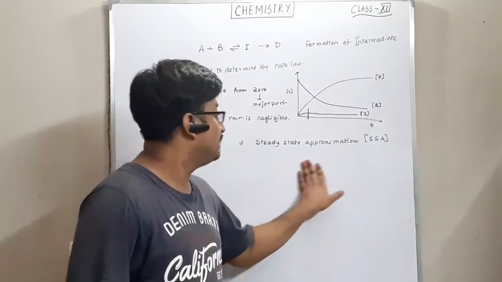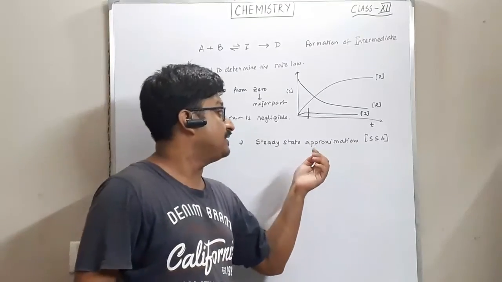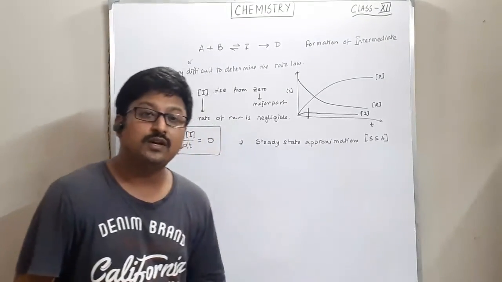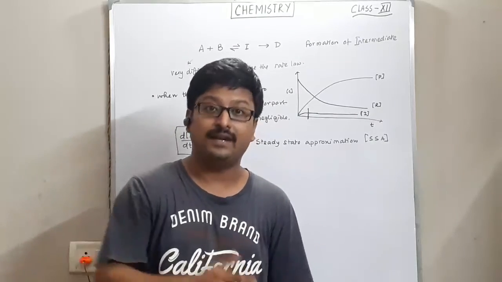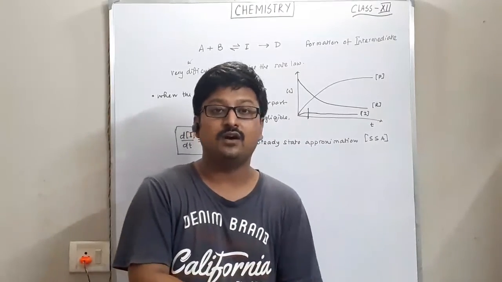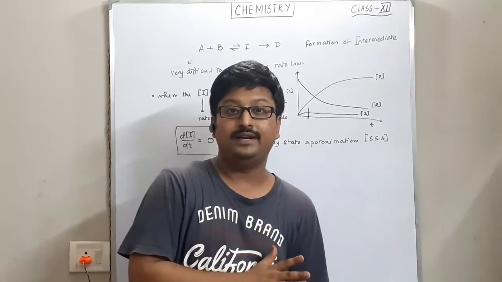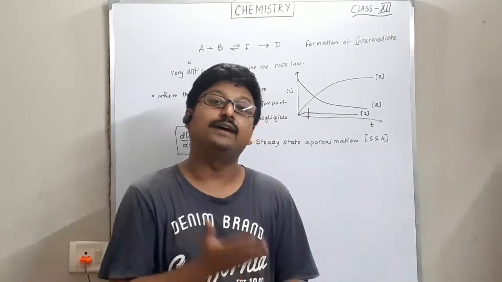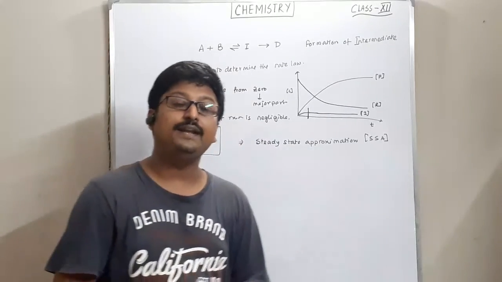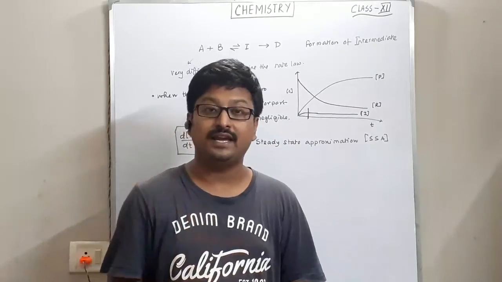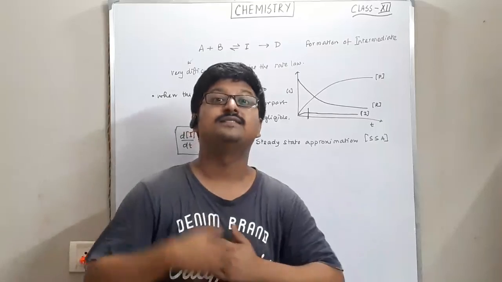We use this when we deal with complex reactions. We will look at this later. Okay, so this is all about how to calculate the rate law experimentally, and the steady state approximation. In the next lecture, we will talk about the integrated rate laws, that is, zeroth order kinetics, first order kinetics, and second order kinetics.